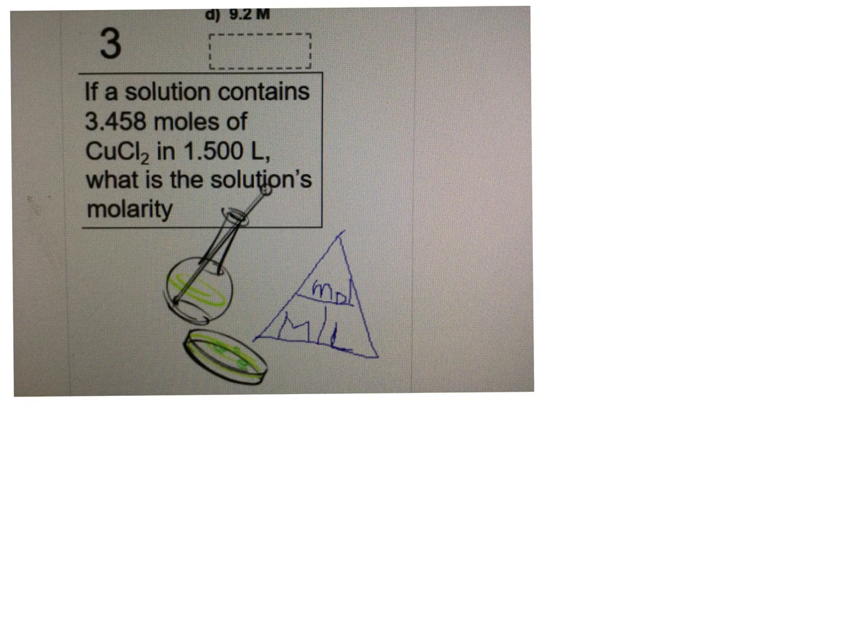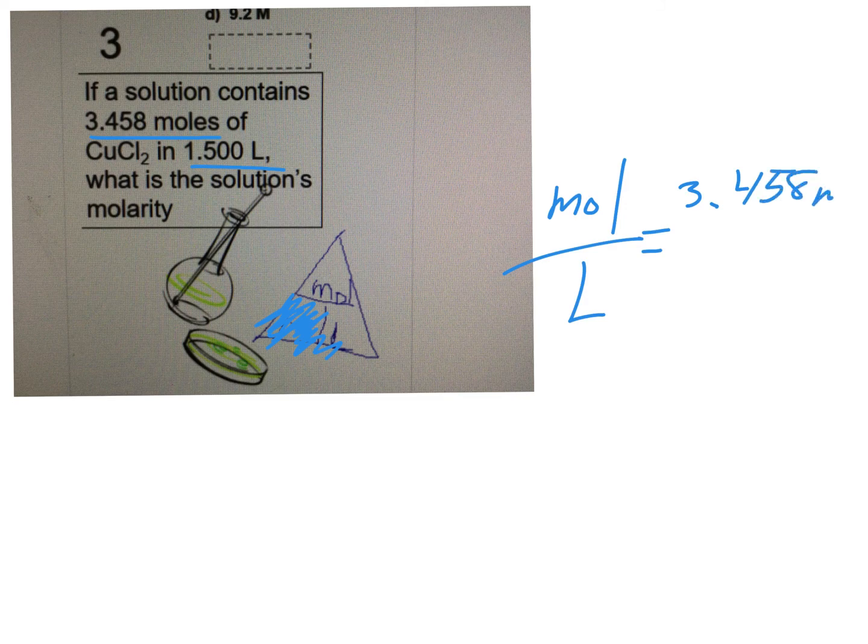Okay, they're giving you moles. And they're also giving you liters that you're given. So if I'm given moles and I'm given liters, that means I'm looking for the molarity. So we're going to put our finger over molarity. So that makes our formula moles divided by liters. So 3.458 moles.